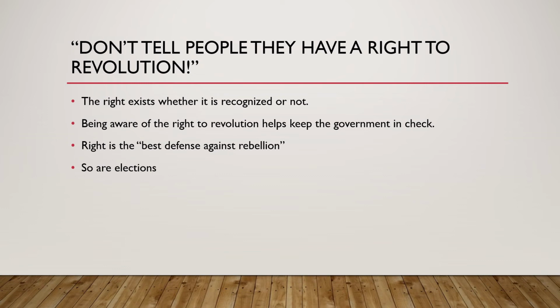What elections do, and Locke says this is especially true if the elections are held at regularly occurring times and relatively frequently, is you give people who are unhappy the opportunity to change the leadership without changing the social contract, right? So you can elect a different president, you can elect different people to run the Senate, you can elect different people to run the state legislature or to take over the House of Representatives.